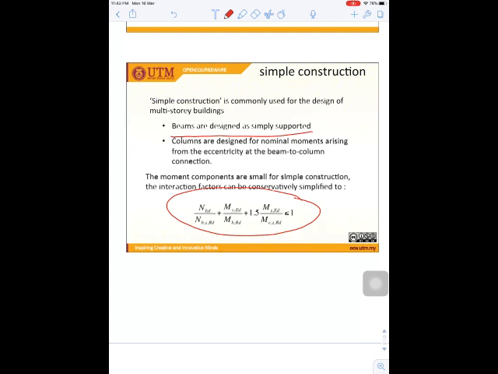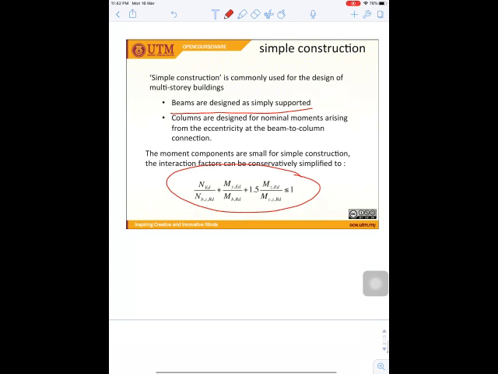As you have already gone through examples 5.4 and 5.5, I will go through that example with you, where the basis of that design is this principle, which is that the formula must comply with this formula.